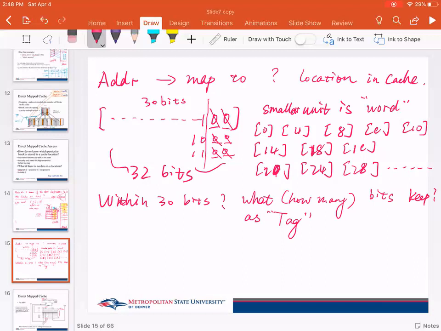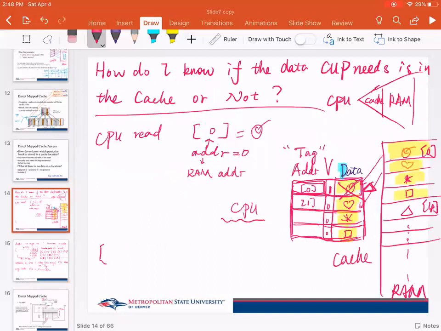When you look at the example, say your cache has only 4 words. Say the cache size is 4 words. You will find out that the first word, the fifth word, the ninth word, the 13th word, they all map to the same location.